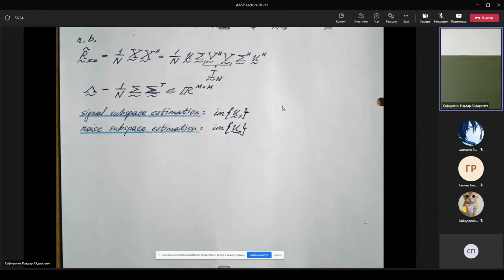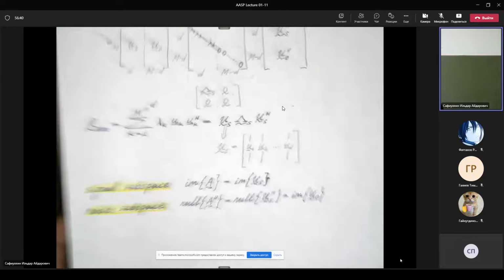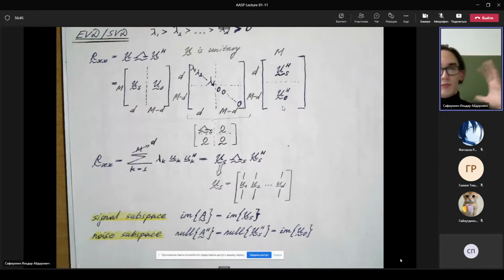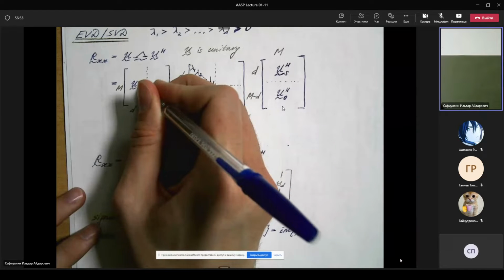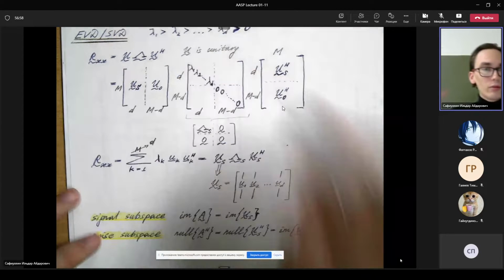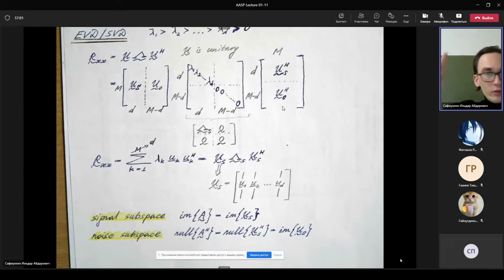let's try to show U of S and U of 0 as capital ones. So maybe let's add, I will start with the without noise case. So here, to show that this is not the estimation, that these are pure subspaces, I will add these lines on top and in the bottom.